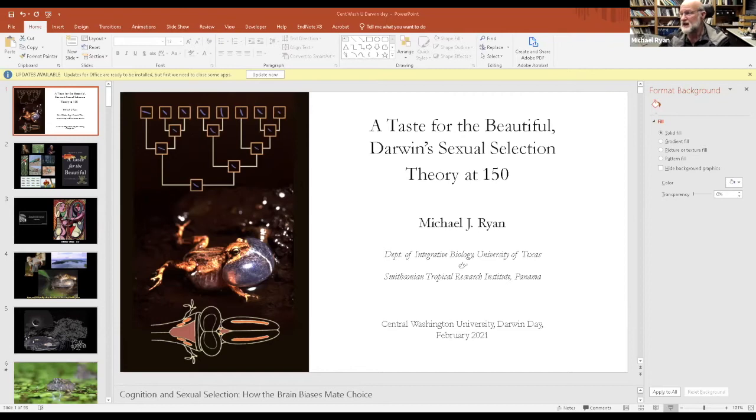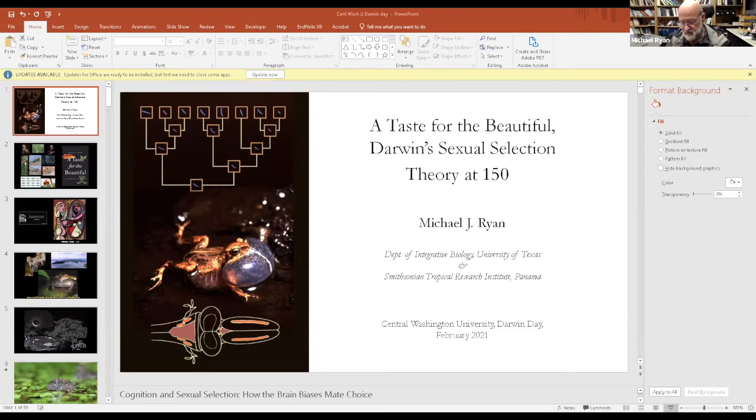So this book that I wrote, A Taste for the Beautiful, this is a quote from Darwin when he was trying to explain, well, why would females prefer males with these elaborate traits? And what Darwin suggested is that females have an aesthetic sexual preference. Now, he didn't explain why this was the case, but this is what he means by a taste for the beautiful.